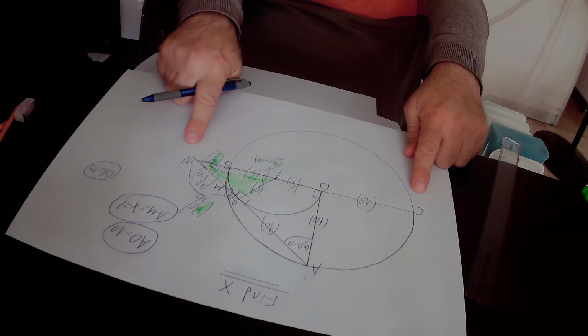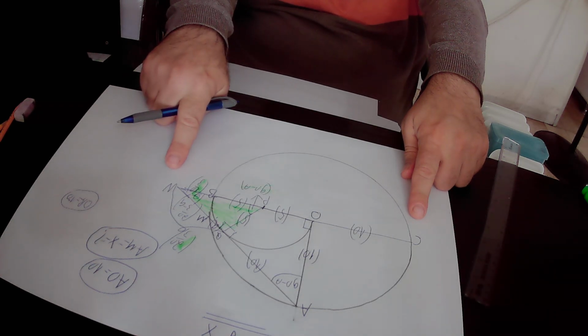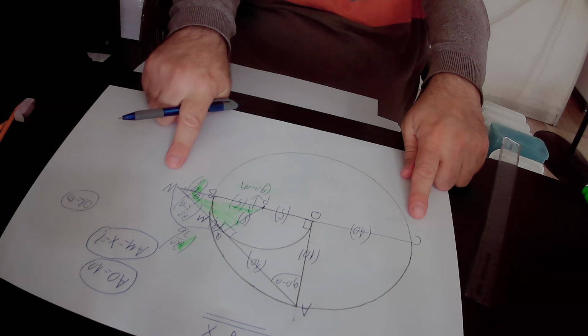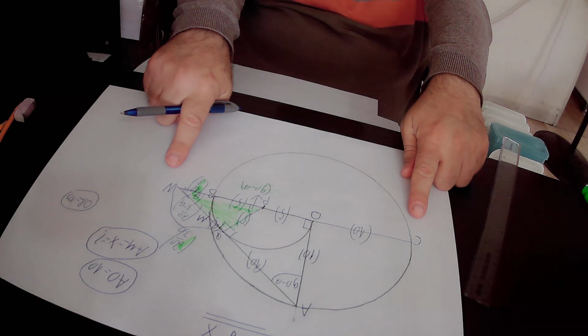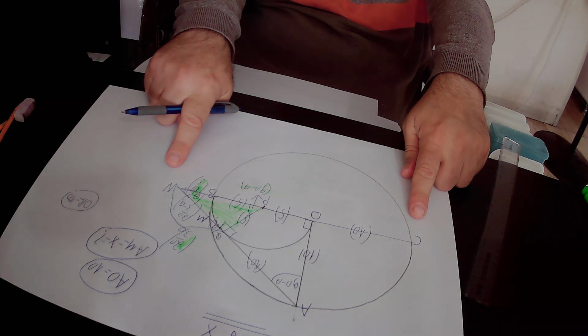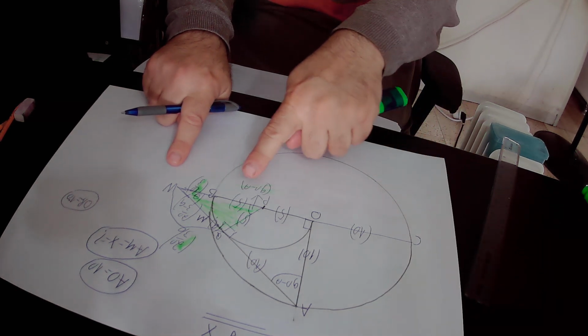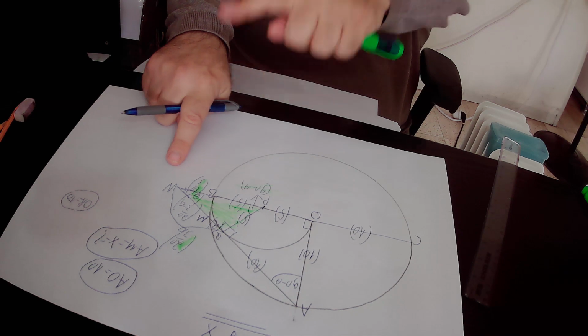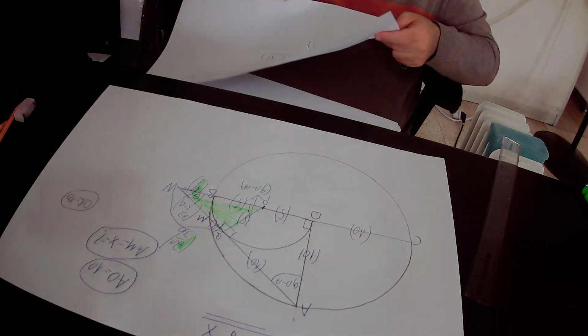In total, NC equals CO plus OP plus PB plus BN. So CN in total equals 10 plus 5 plus 5, that is 20, plus 10 over 3. So in total, CN equals 20 plus 10 over 3.